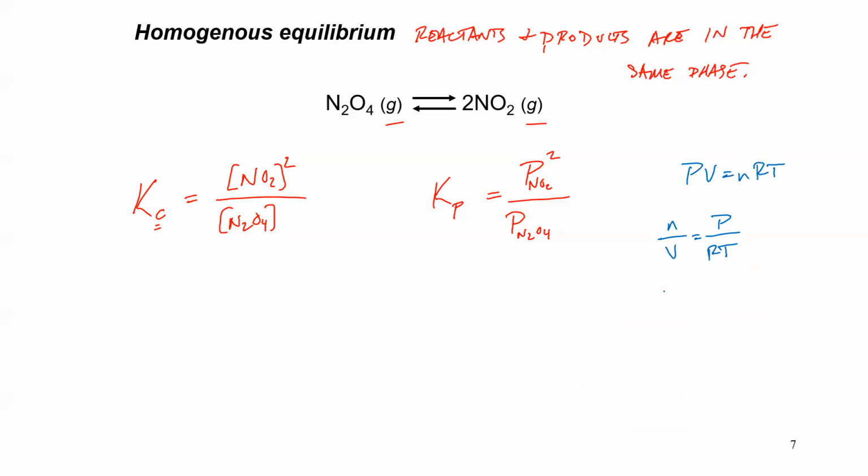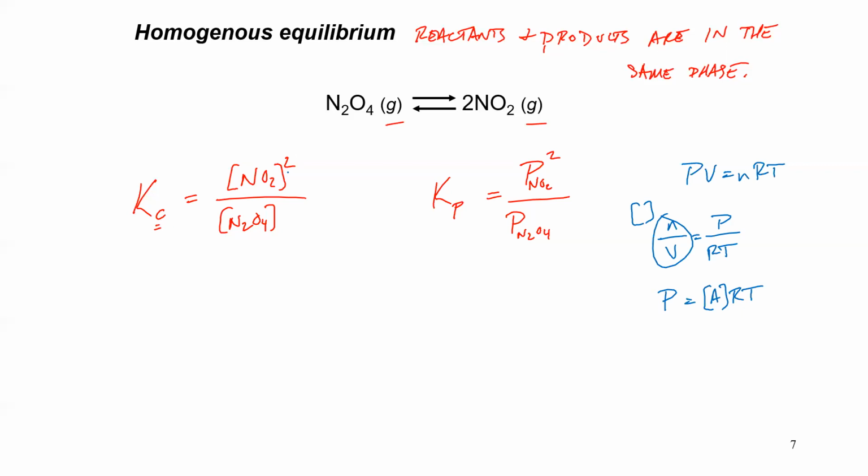And if we go one step further, pressure is equal to this concentration, I'm just going to use A as a placeholder here, times RT. And so the concentration and the pressure are related to each other by this factor of RT.